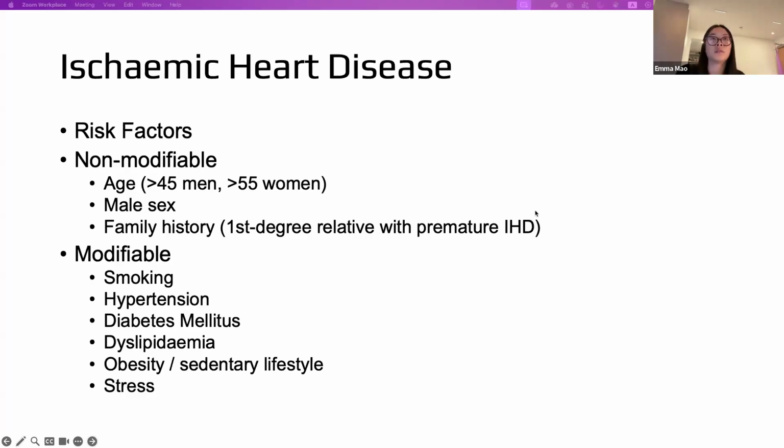So if someone's father had it at under 60, that would be a positive family history. And then there's also the modifiable risk factors. So smoking, hypertension, diabetes, dyslipidemia, obesity, and stress. Those are all contributors to ischemic heart disease.